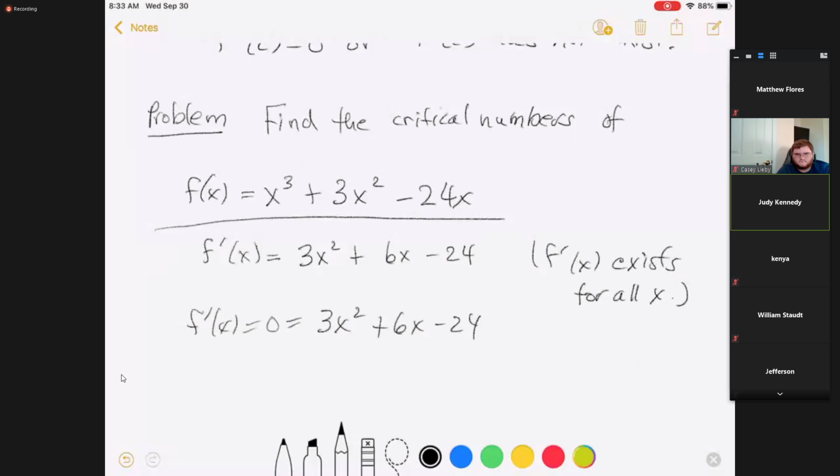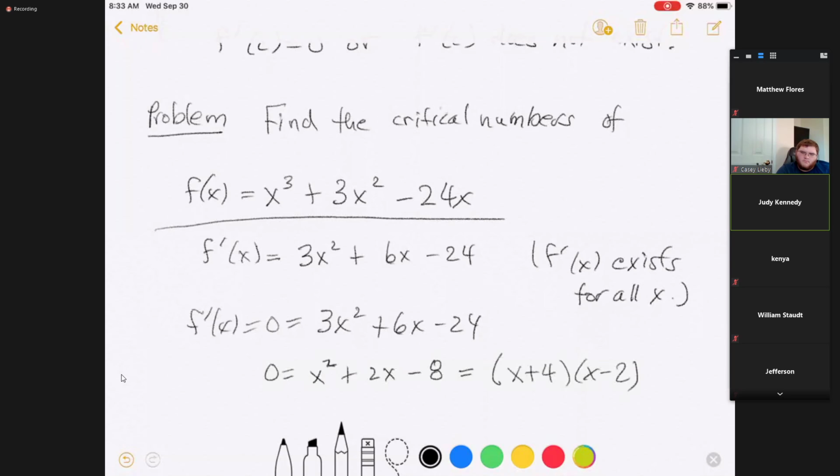First of all, I can factor out a 3, and then I can factor. I'm going to solve this equation. So let's see, that would be x plus 4 times x minus 2. Does that work? That would give me my minus 8.